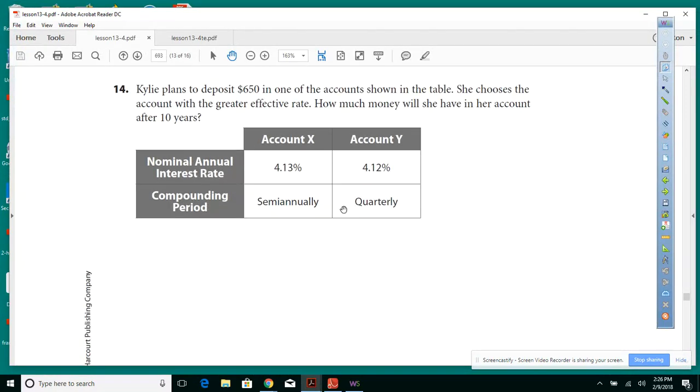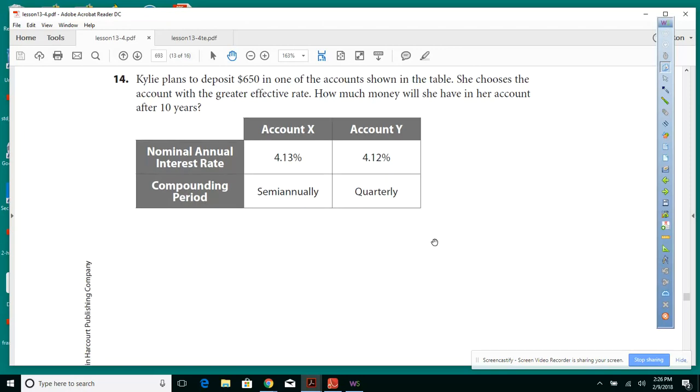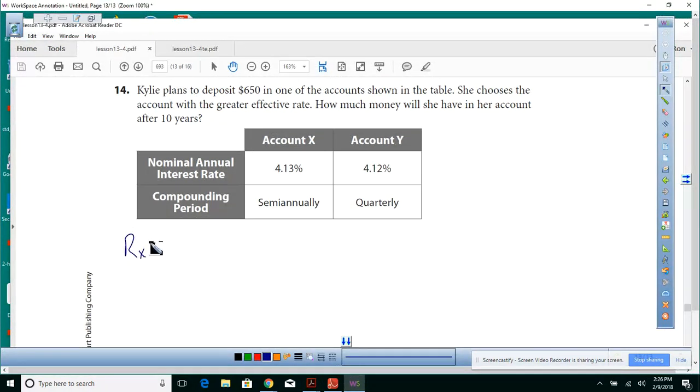Number 14. Kylie plans to deposit $650 in one of the accounts shown in the table. She chooses the account with the greater effective rate. How much money will she have in her account after 10 years? Well, let's see. Account X. The effective rate of X is 1 plus 0.0413 over 2, since semi-annually is twice, minus 1.